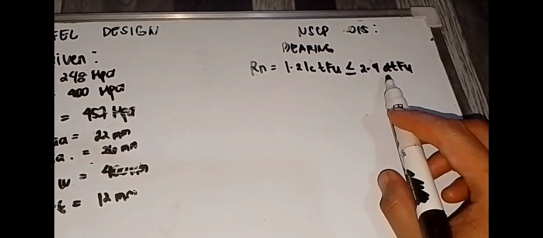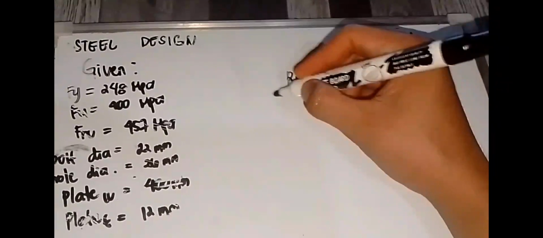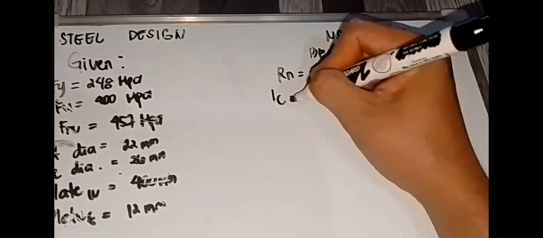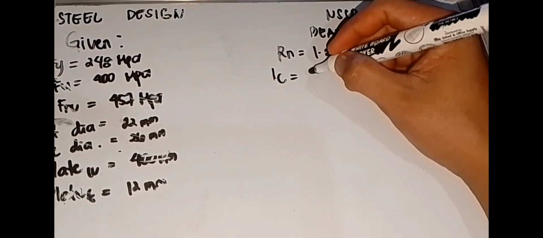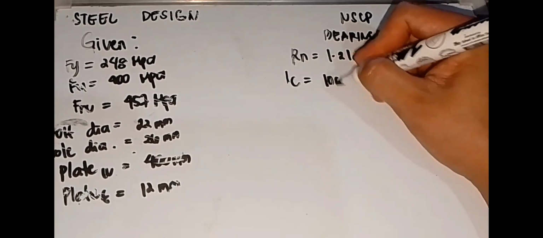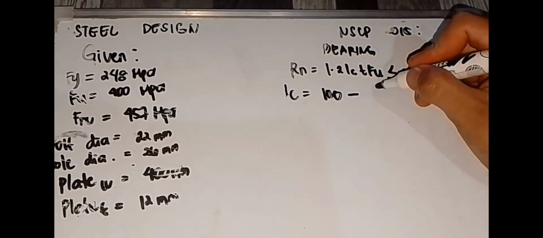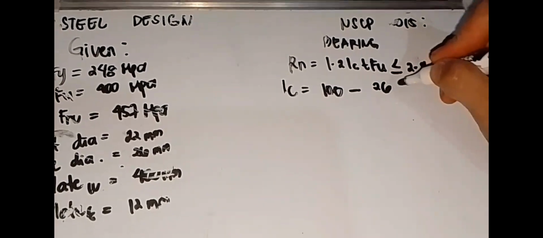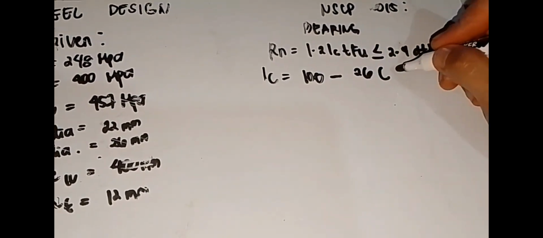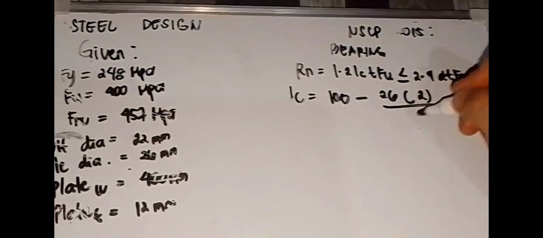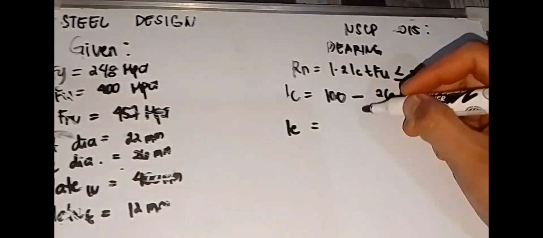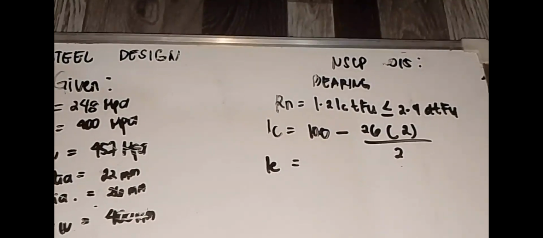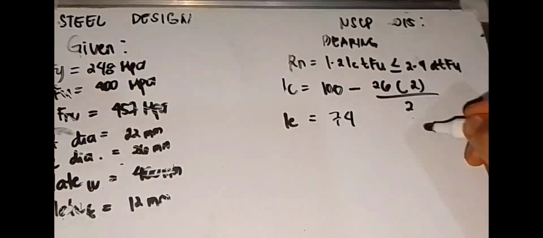Since all of these are given except Lc, we must find Lc first. Lc is the distance of the bolts, which is 100 minus the bolt hole diameter, which is 26, times the number of bolts, which is 2 over 2. So we can get 74. So we can now proceed.